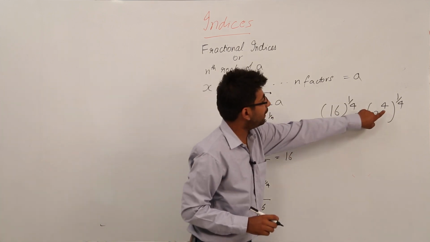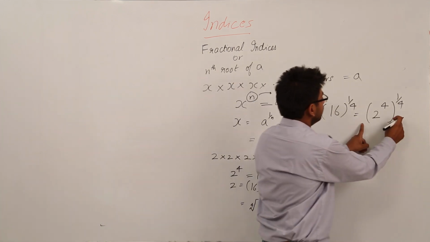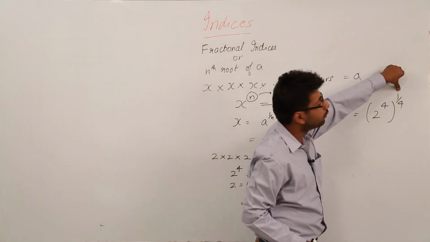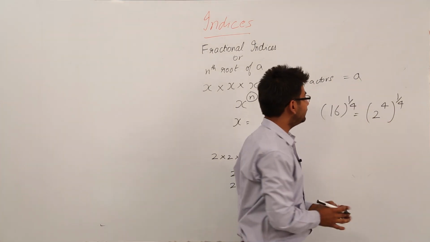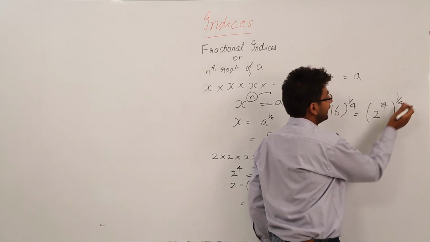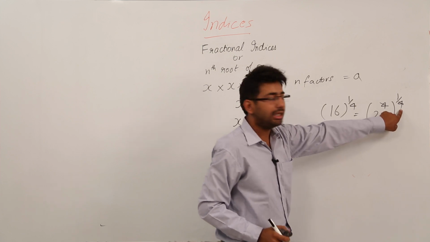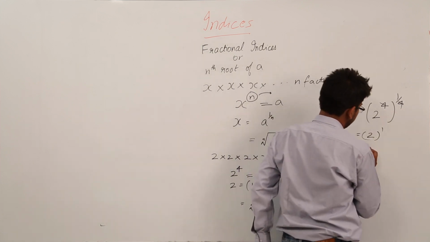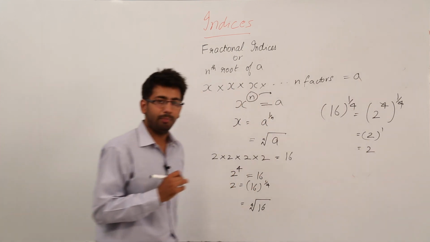Here 2 is the base, raised to power 4, and 1 by 4 is my index. Always remember that you can cancel them out. 4 is cancelled with the 4 in the denominator. Therefore this becomes 2 raised to power 1, which is equal to 2.